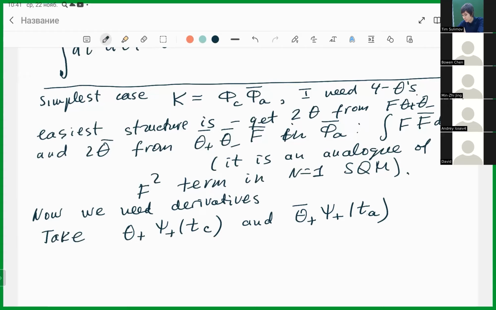Now note that t, so in this way, and take a product.